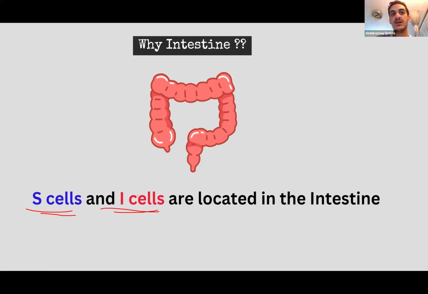So basically, the I cells and the S cells have different stimulus. For S cells, the hydrogen or the acid environment will stimulate them. However, in the I cells, it's food, which is fat, proteins and sugars. So you guys got the answer? MashaAllah.